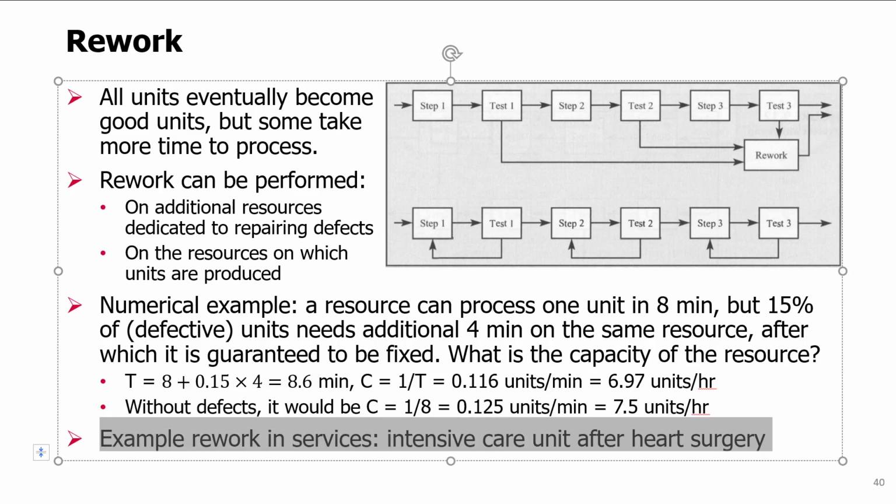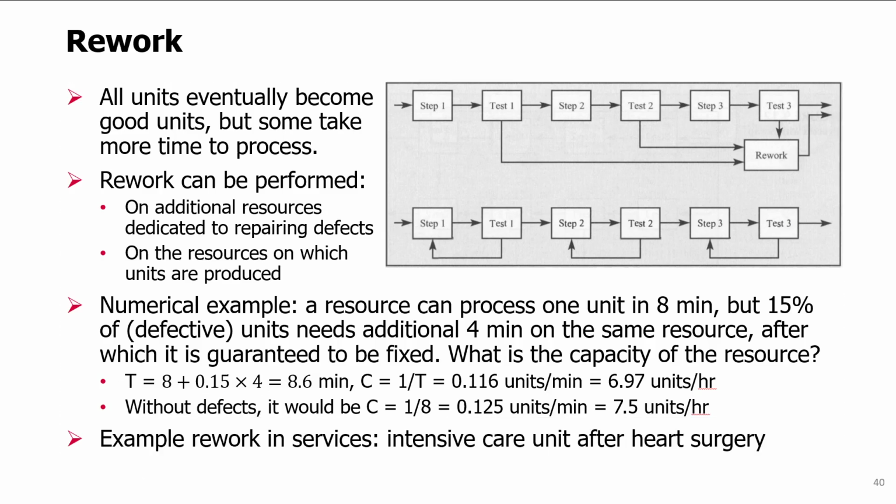That would be an example of rework that may increase the time to process the patient significantly, and therefore reduce the capacity for operating, right? And even worse, it might be necessary to book additional capacity for those urgent cases where rework, saving a patient's life, is necessary.